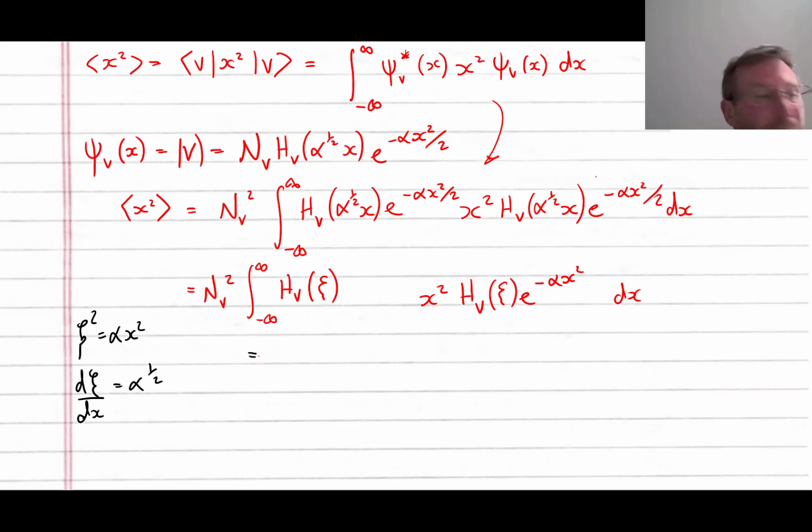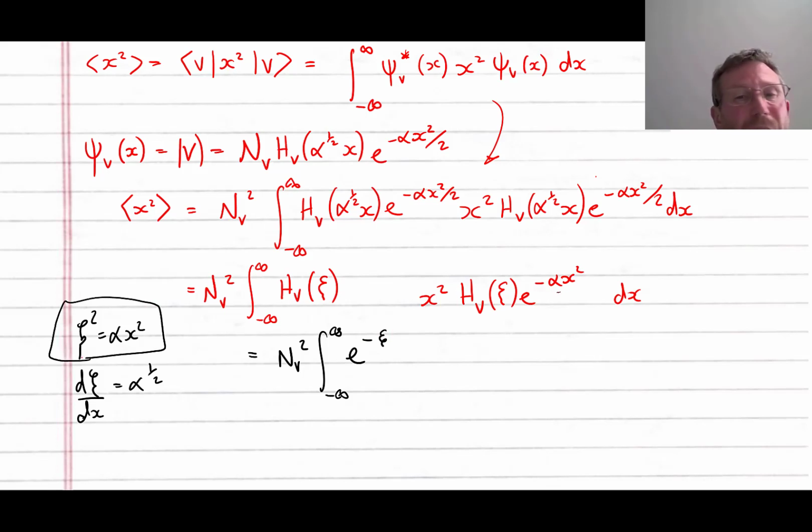So this expression now becomes our normalization constant, as well as our limits. So now we've got e to the minus, we're going to replace the e to the alpha x squared. All right, that becomes e to the minus xi squared.